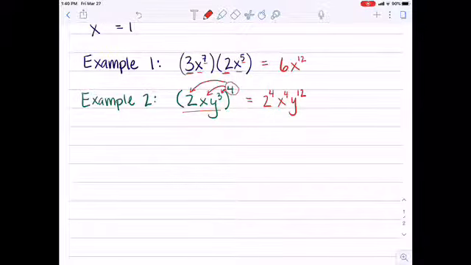Now it's acceptable to leave the answer in this form, but if you want to multiply out that 2 to the 4th power, you are welcome to do so. 2 to the 4th power is 2 times 2 times 2 times 2, which, if you care to multiply that out, gives you 16. So this becomes 16 x to the 4th, y to the 12th. I will accept the answer in either of these two forms.